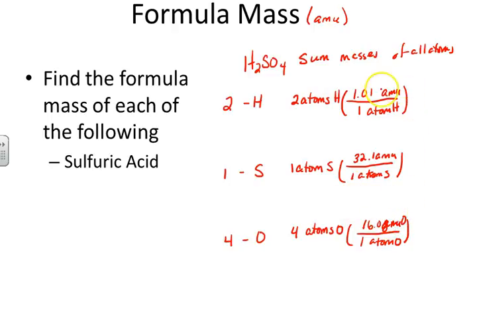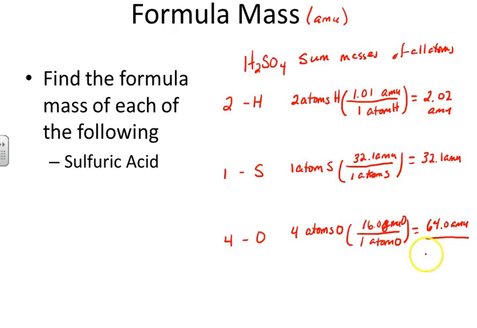So we have 2 times 1.01 is 2.02 AMUs. We have 1 atom of sulfur at 32.1 AMUs per atom, so that's 32.1 AMU. And then we have 4 atoms of oxygen, with each oxygen atom having a mass of 16. So that's 16 times 4 is 64 AMUs.